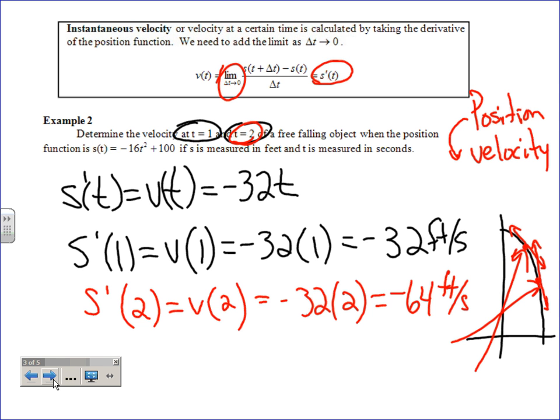Does this help you with the difference between average rate of change and instantaneous? Instantaneous is saying, right there, how is it changing? What's average saying? All the points in between. Technically, you're finding slope in both of them. That's the tricky part.